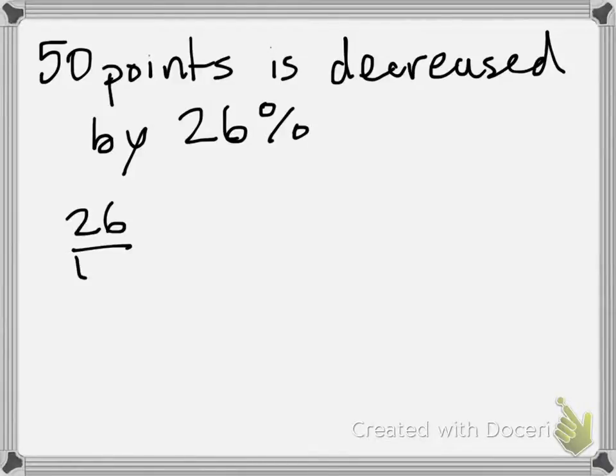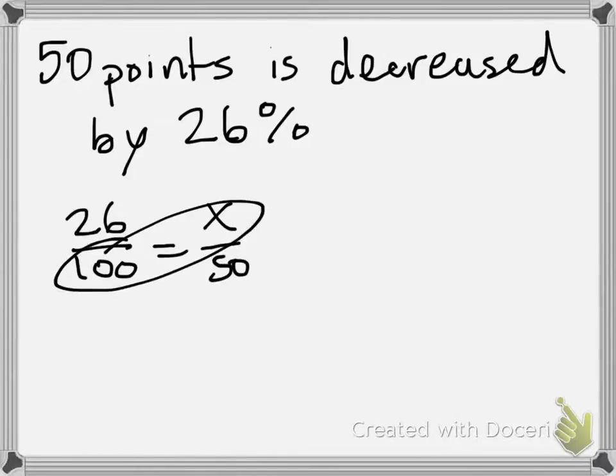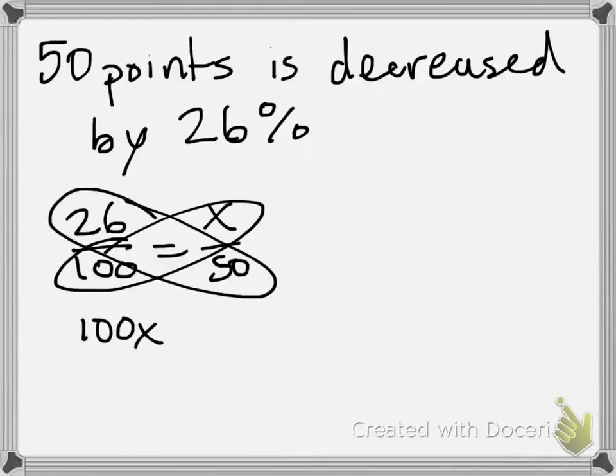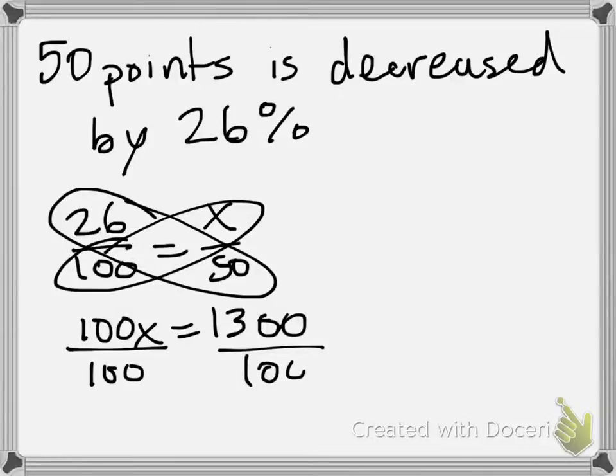26 out of 100 equals x over 50. 100 times x gives me 100x. 26 times 50 is 1300. Yes, I just used a calculator. Alright, and so to solve for this, I'm going to divide on both sides by 100, and x equals 13.